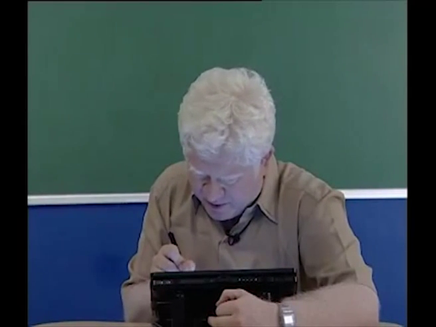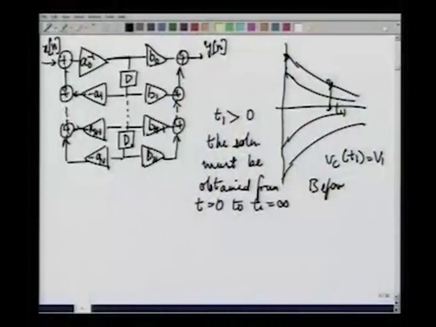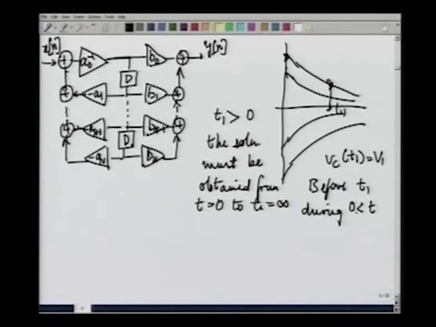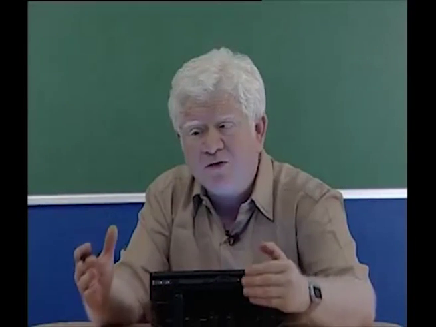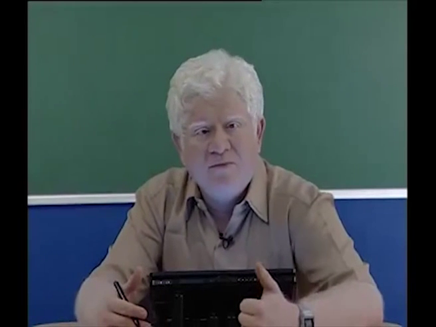But before t1, that is to say during 0 less than t less than t1, the system that we actually manufacture and place on the table must be able to tell us what is Vc of t.